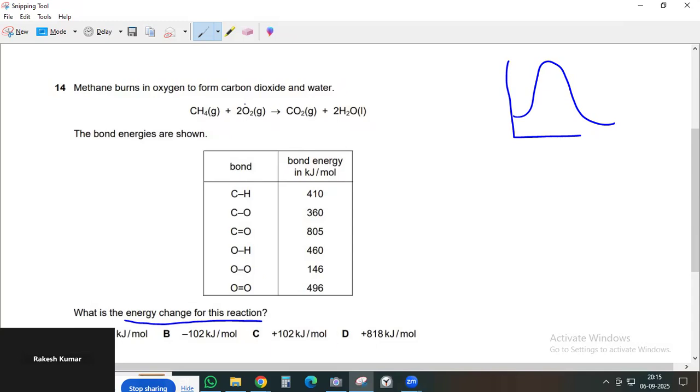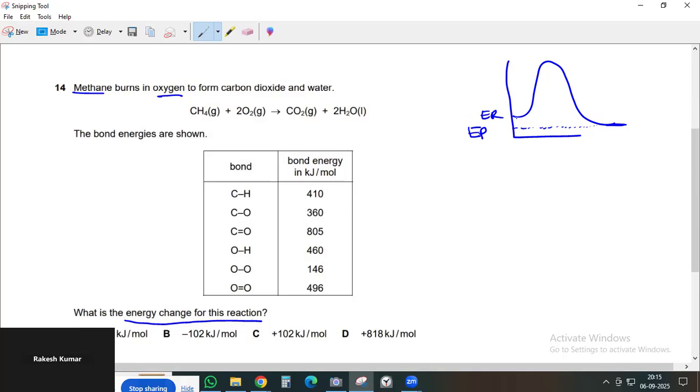Now there is something which you get from knowledge: this is methane burning in oxygen. So this is your kitchen gas, okay? So this is exothermic. So this will come below, okay? This is the energy of the products, and this is the energy of the reactant.